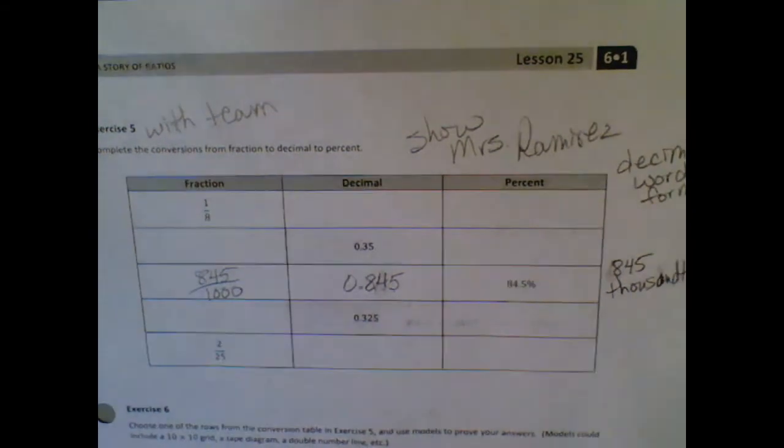Therefore, the fraction is going to be 845 over 1,000. You could do a short word form: 845 thousandths, spelled correctly, Mrs. Ramirez.